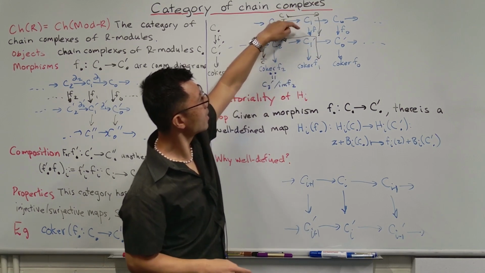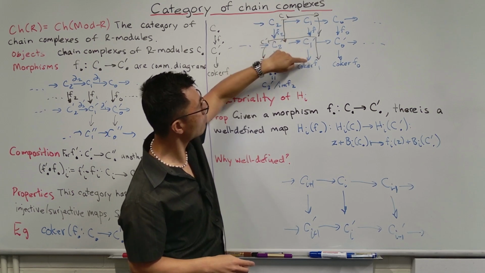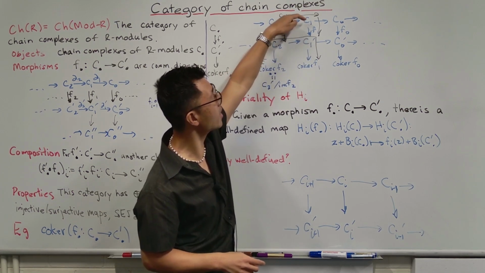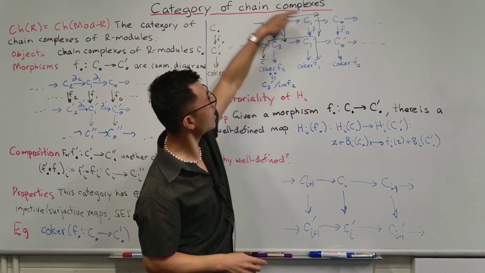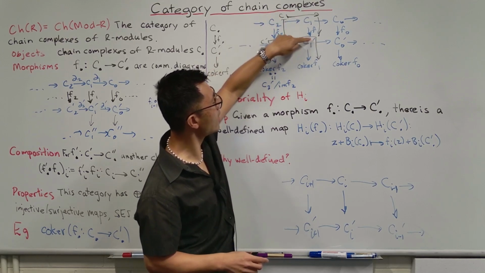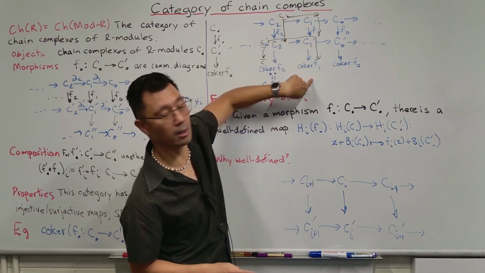But remember, this is the cokernel, so that means the composite of these two is 0. Remember, this is just quotienting out by the image of this. So where this C lands over here, whether you go this way or this way, it lands inside the image of this F1, so it goes to 0 here.